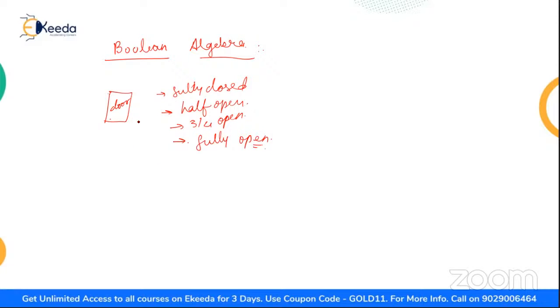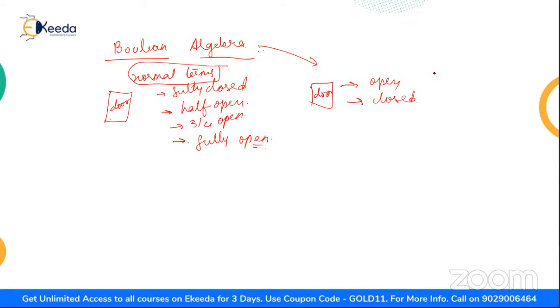Okay, so this is door position in normal terms. In Boolean terms, this door is either open or closed. So suppose you denote open by 0, then closed is denoted by 1. Or if you denote open by 1, closed is denoted by 0. Okay.